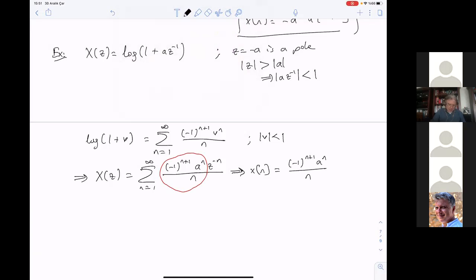That's it. But this is only valid for positive n's, and even n equal to 0 is not included here, because there is a division by n, so n equal to 0 is a singularity, and we can clearly see that the summation actually starts from 1.